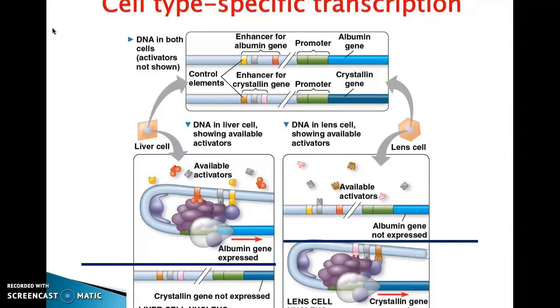So that's why the lens cell does not produce albumin and the liver cell does not produce crystalline. It specifically goes back to the activators available that are going to bind to the control elements in that enhancer region upstream of the promoter.